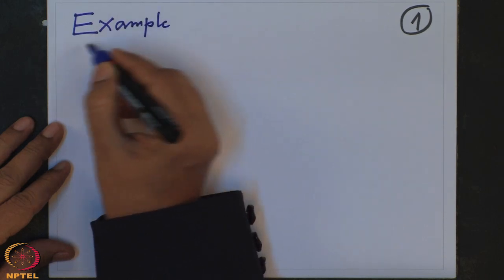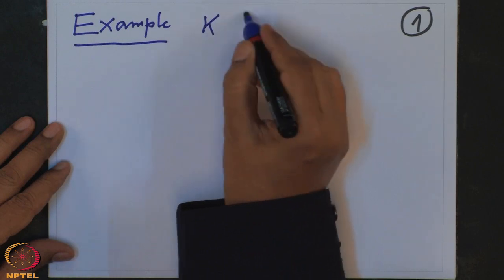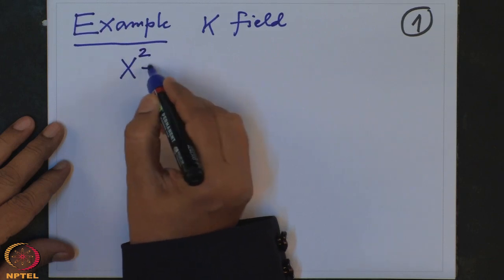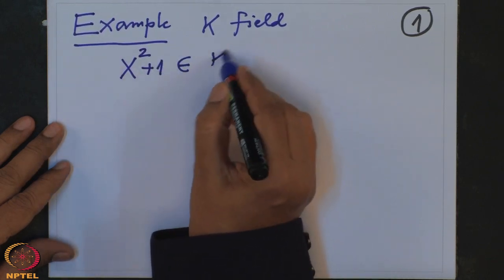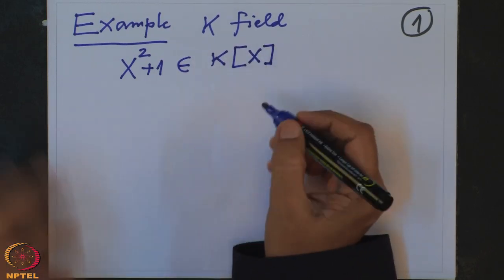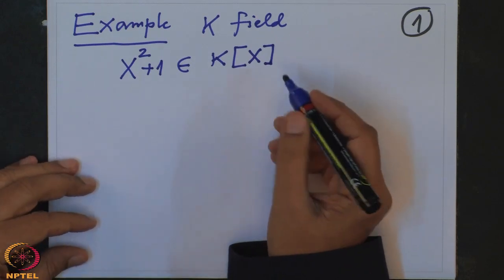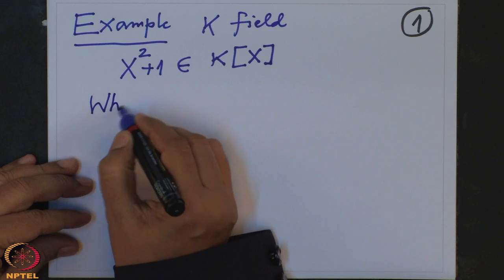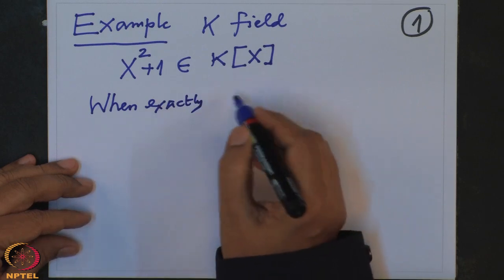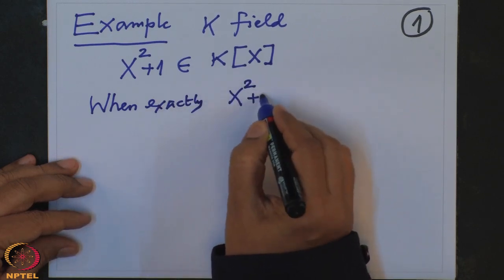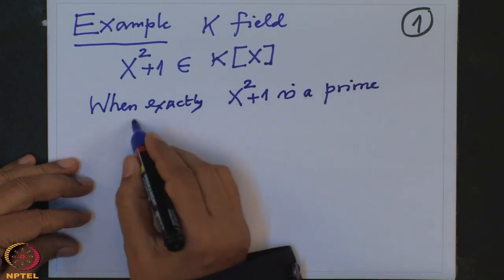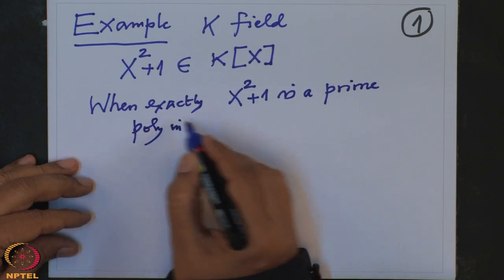Example. Let k be a field, and we consider this very special polynomial x square plus 1. This is a polynomial of degree 2 over the field k, so it is a polynomial in k[x]. So, when exactly is x square plus 1 a prime polynomial in k[x]?